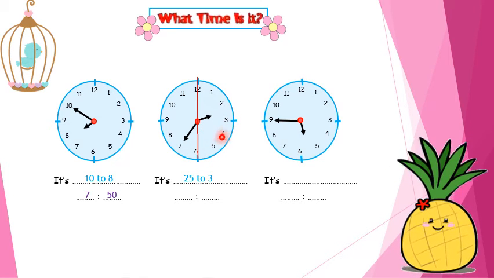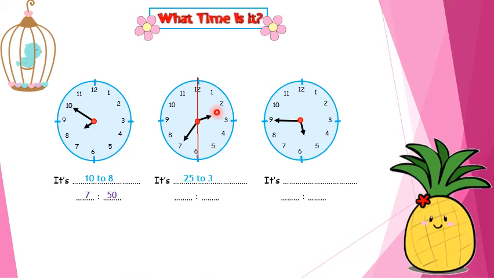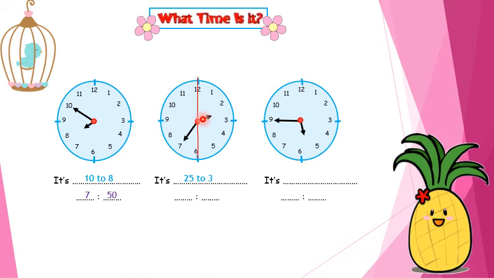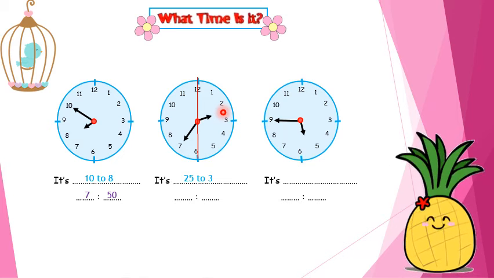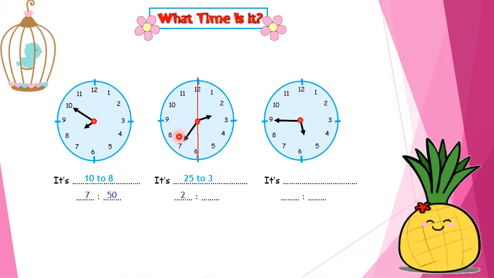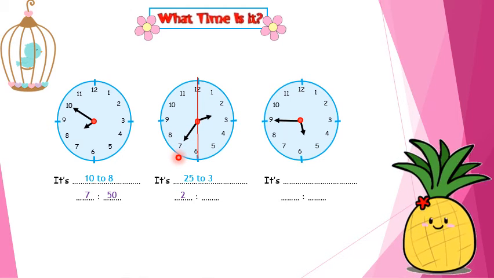We have 3, so it's 25 to 3. And how do I write it in digital form? I look at the minutes and the hours. The hours is on 2, it didn't reach 3. So when I write in digital, it didn't reach 3, so I write the hours 2. And here we're standing on 7, multiply 7 by 5, so it's 35 minutes.